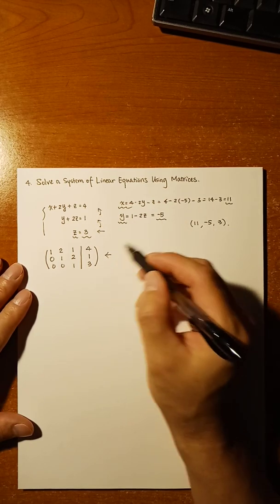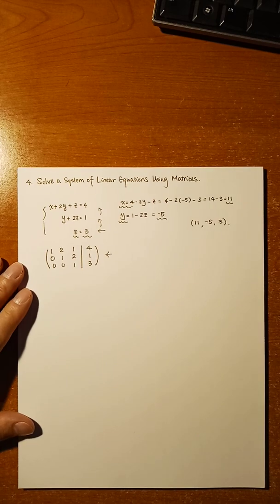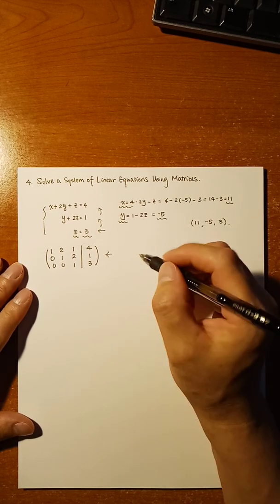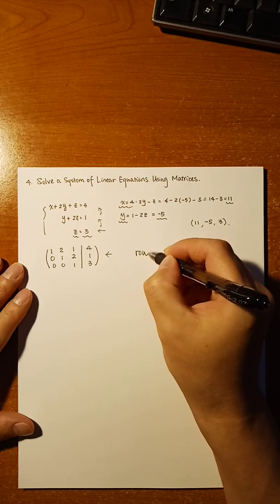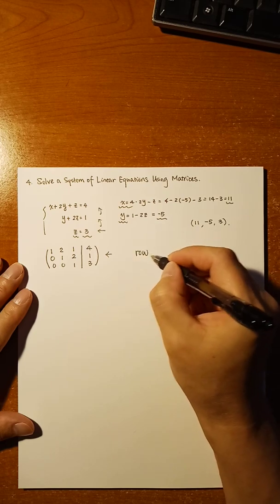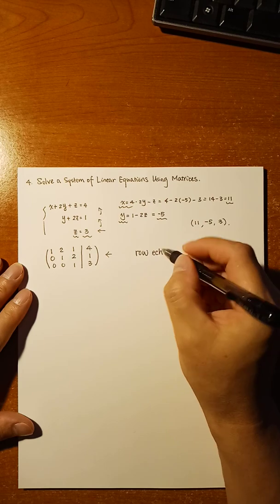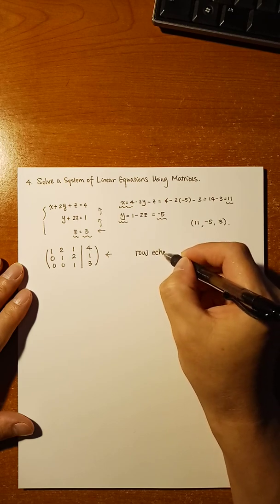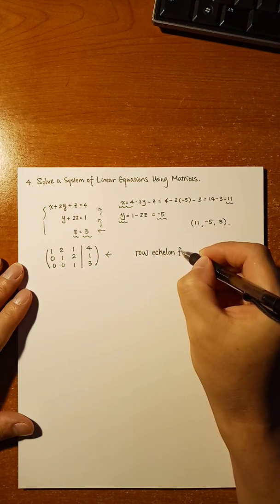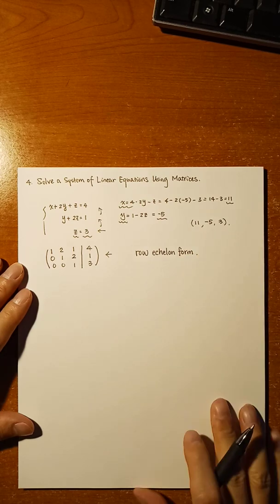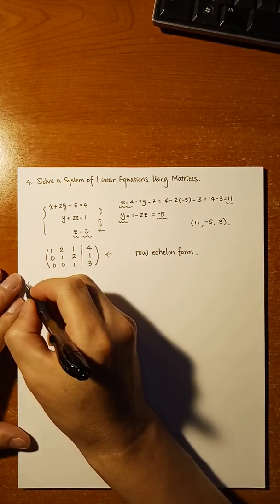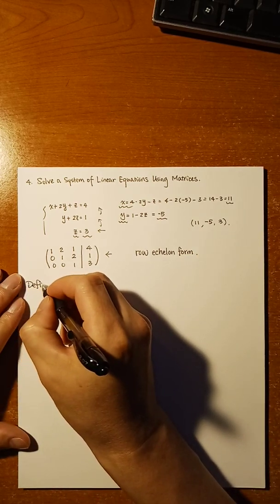And this type of matrix is called an echelon form, a row echelon form. Okay, so let's give the detailed definition.